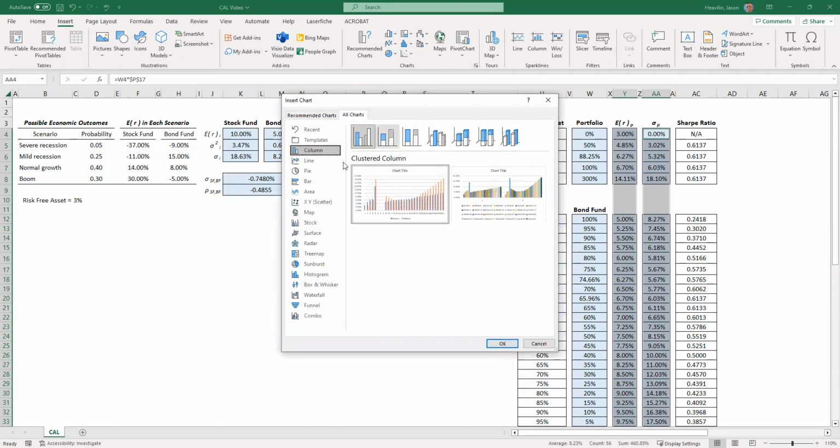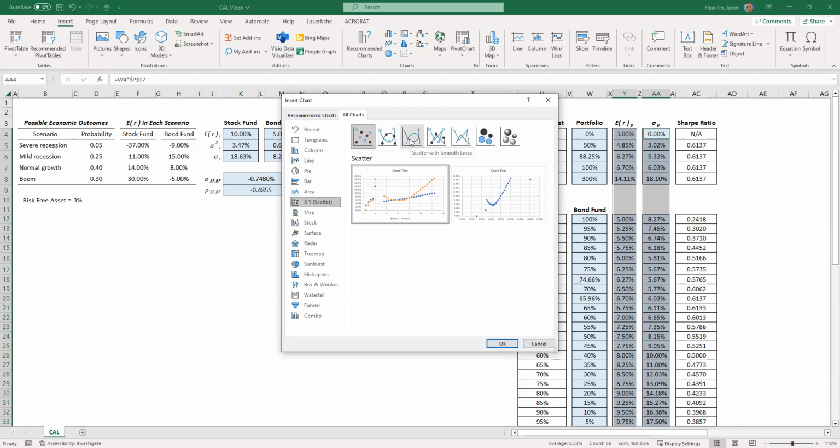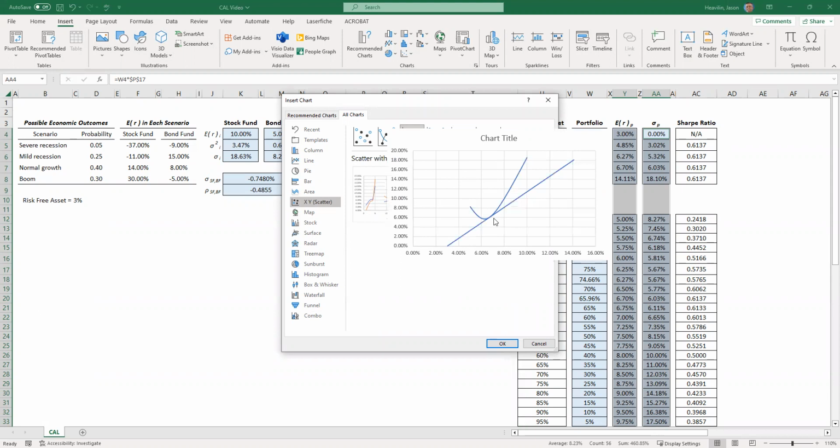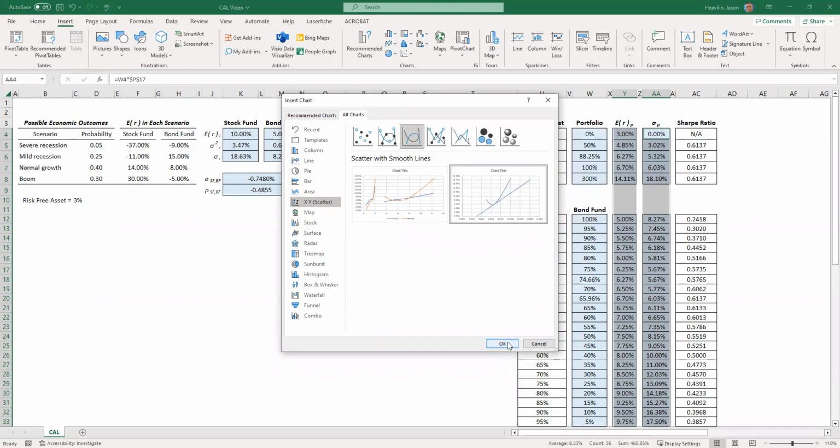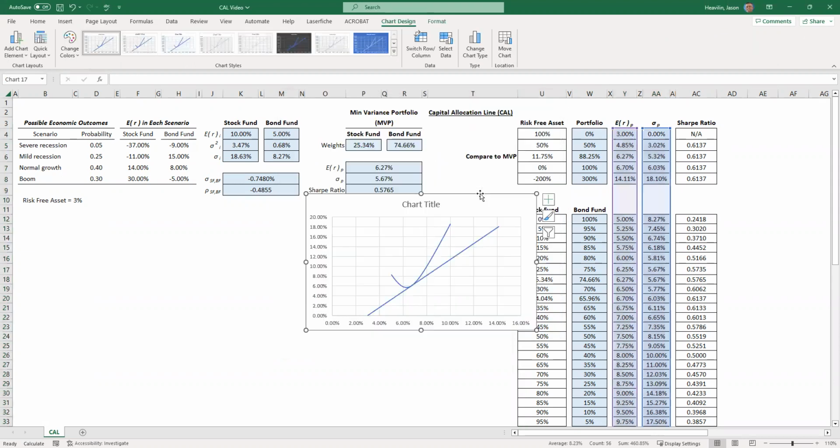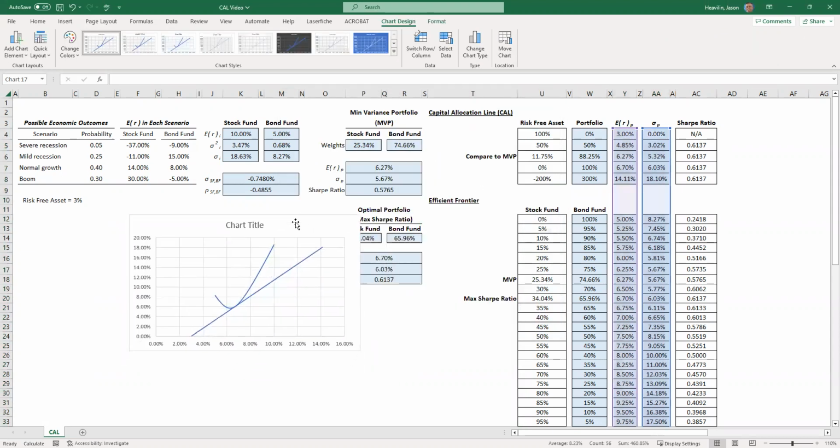Go to all charts here. We want to use the XY scatter, and let's use the scatter with smooth lines. Now, I'm aware that this looks a little inverted, but allow me one second. We just have to play with Excel a little bit. The problem here is that Excel automatically puts the standard deviation on the Y and the returns on the X, but we want the returns on the X and the standard deviation on the Y.